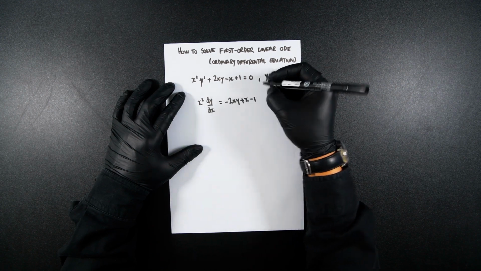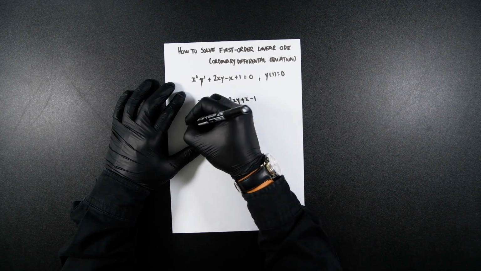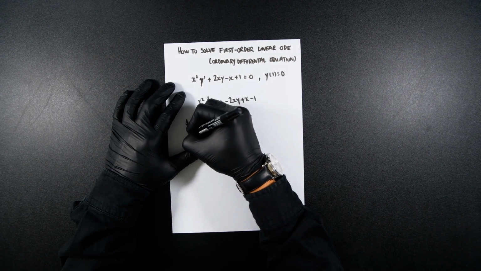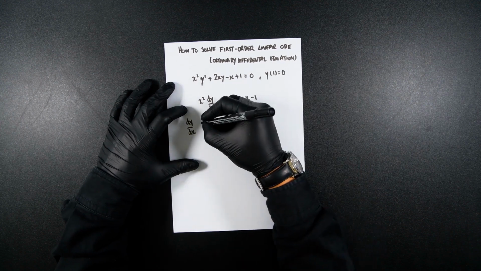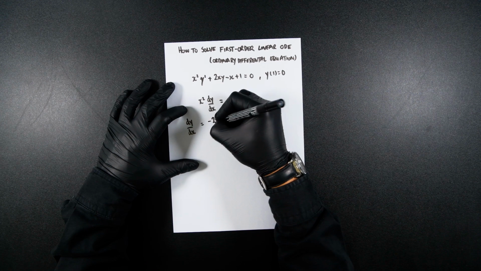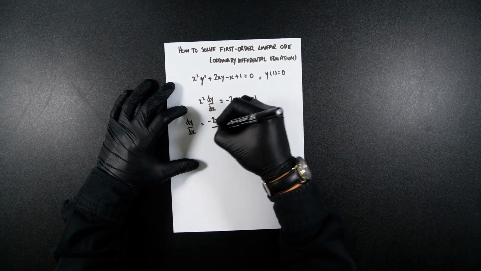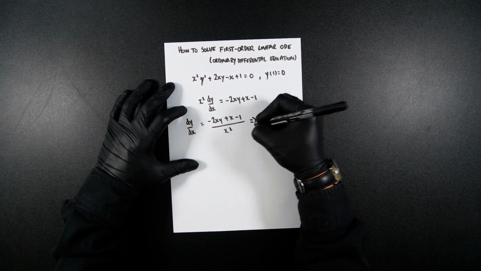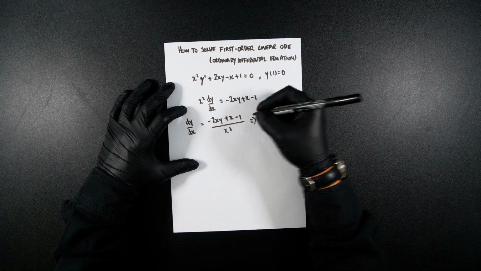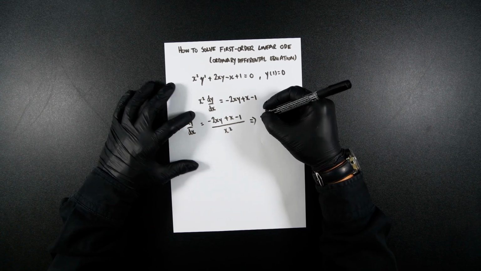Then we're going to divide both sides by x squared, so you're going to get dy/dx equals minus 2xy plus x minus 1, all divided by x squared, which is going to break down and simplify.